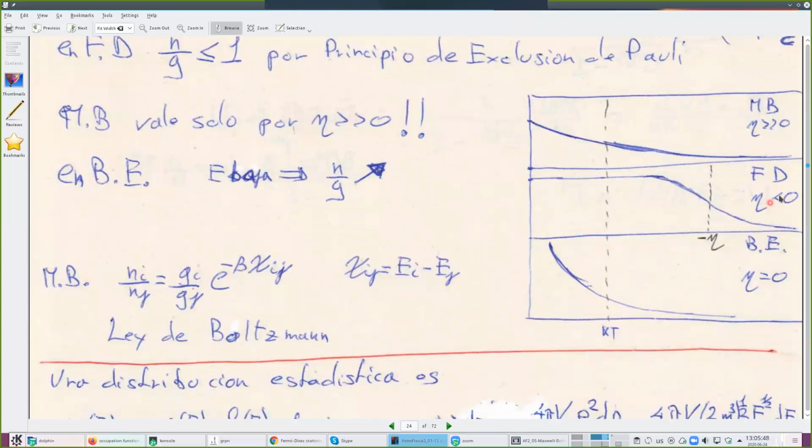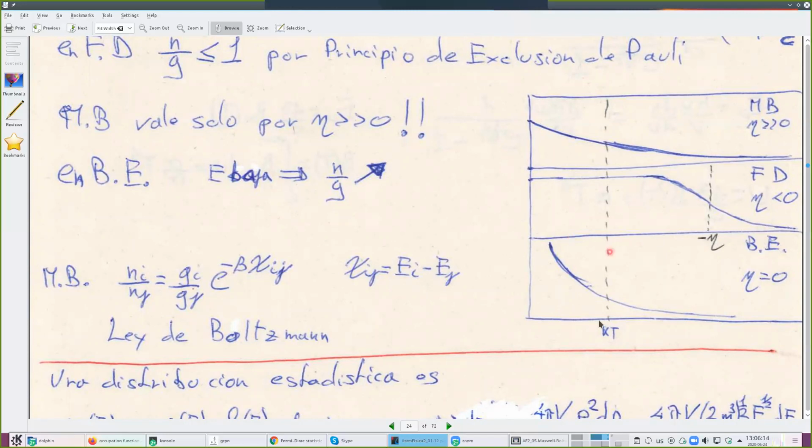And also this behavior, as shown here, for Maxwell-Boltzmann, here is n divided by g, the exponential factor. Since the exponential at 0 goes to 1, then it goes down.